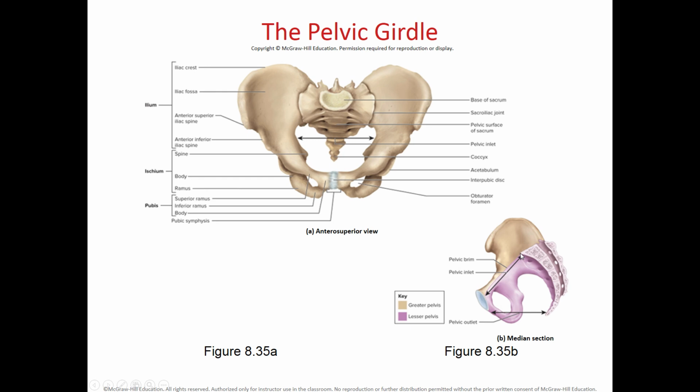So here you can see the most prominent part of the S1, which is called the sacral promontory, and then this pelvic inlet runs between the sacral promontory and the inner part of the pubic symphysis, while the pelvic outlet runs between the sacrum and the inferior part of the pubic symphysis internally.